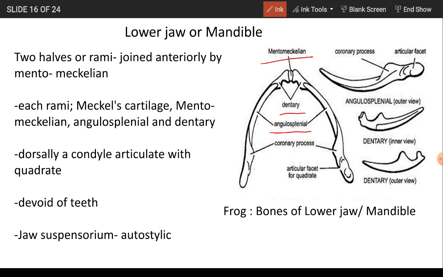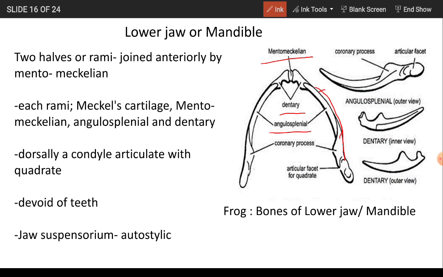So here you can see that this is the angulosplenial bone, which forms the major part of the lower jaw. It is long and it is curved. The anterior end is tapering. This is the anterior end.